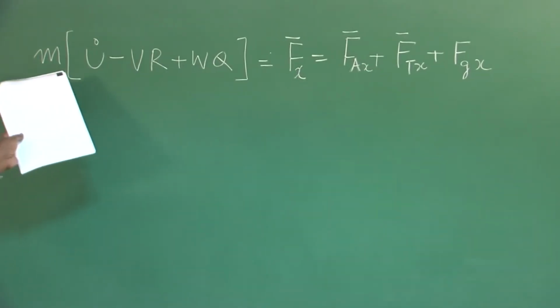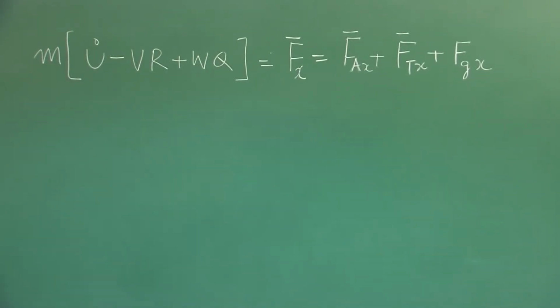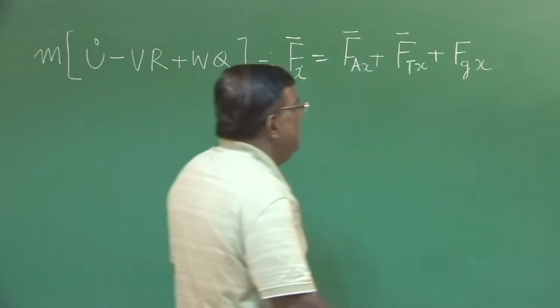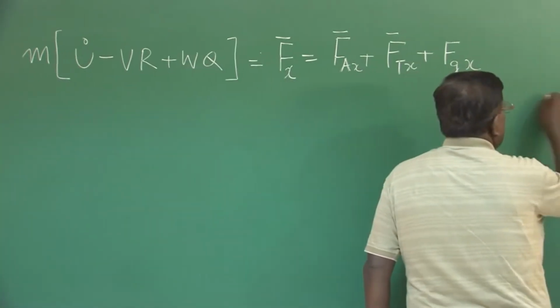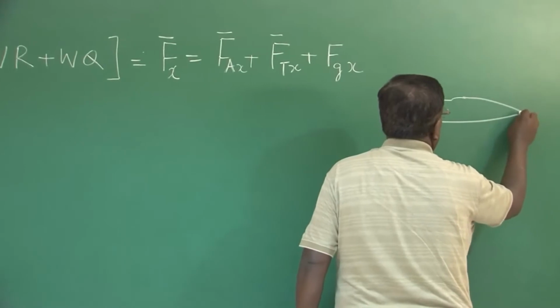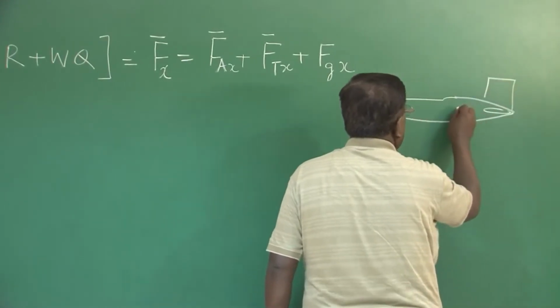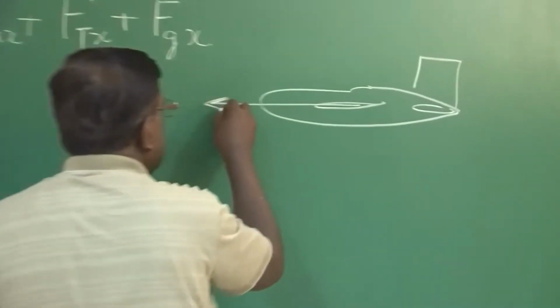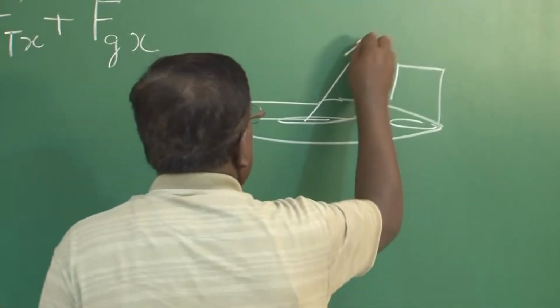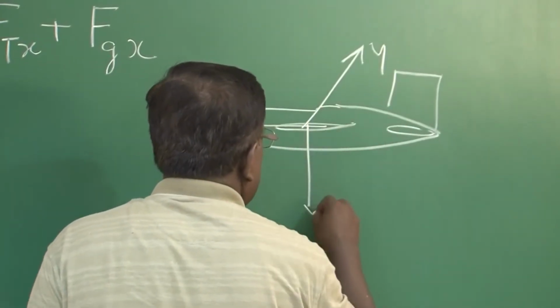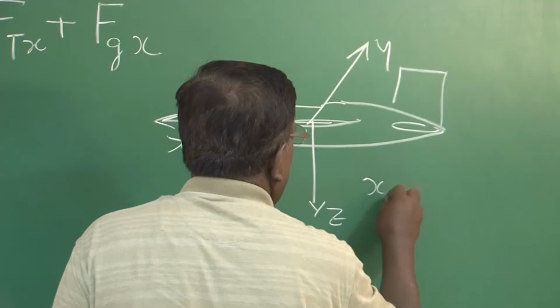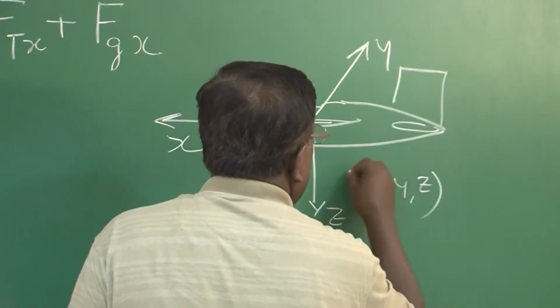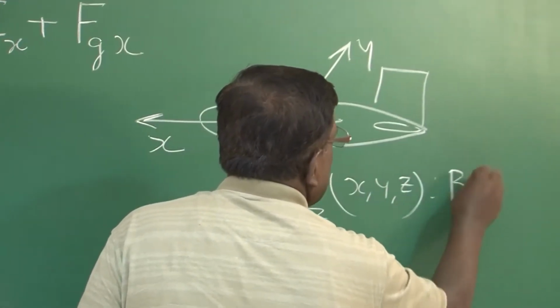This I am writing along the x direction. What is this x? Please understand, this is the body of our aircraft, and x, y, z, they are the body fixed axis system.